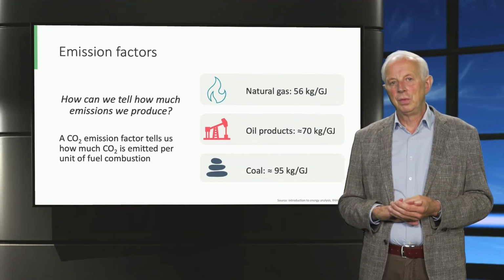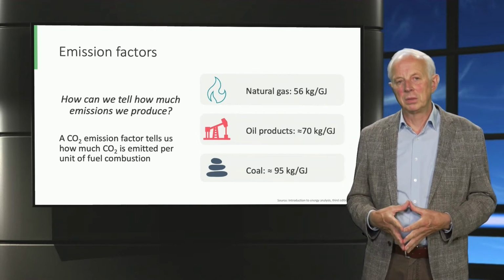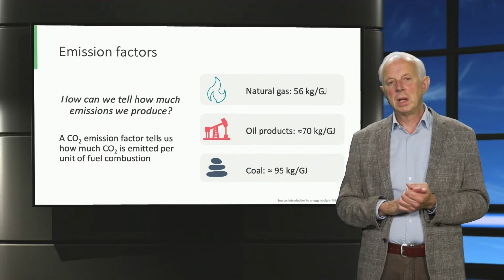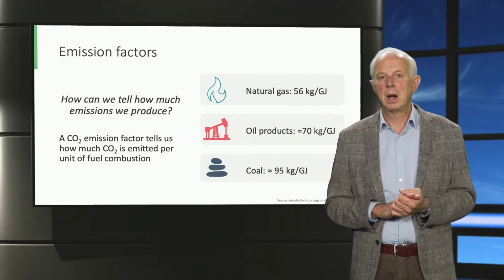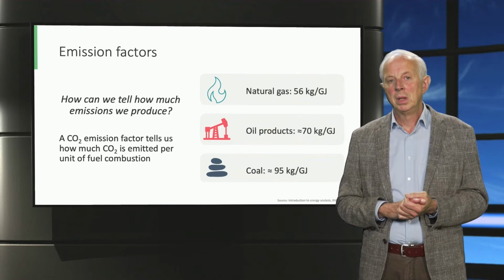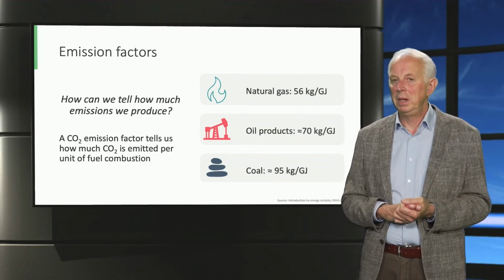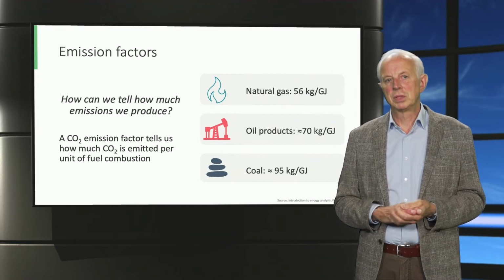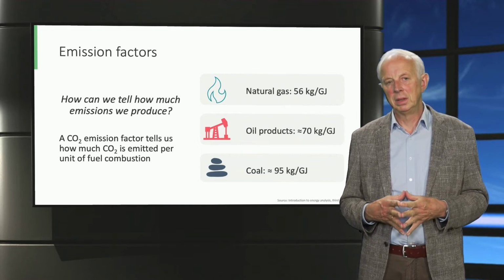All these values vary somewhat depending on many factors. The higher emission factor for oil and coal is largely due to their higher carbon to hydrogen ratio compared to natural gas, which is mainly CH4. More details about these emission factors will be given in the additional material for this week.